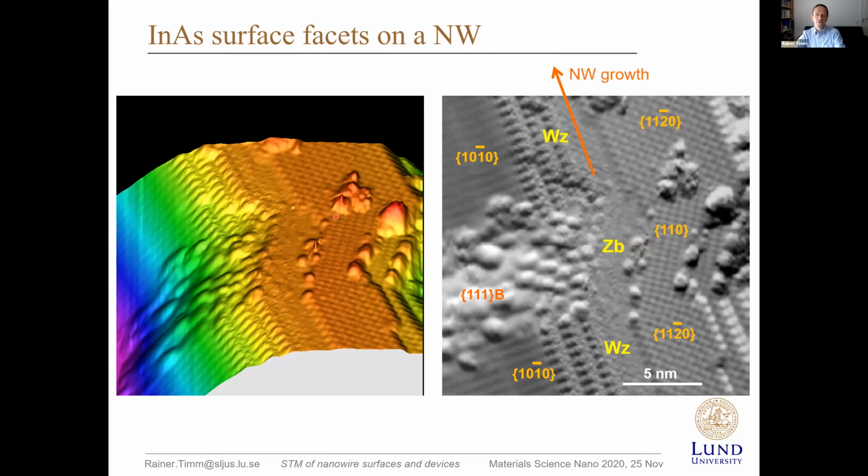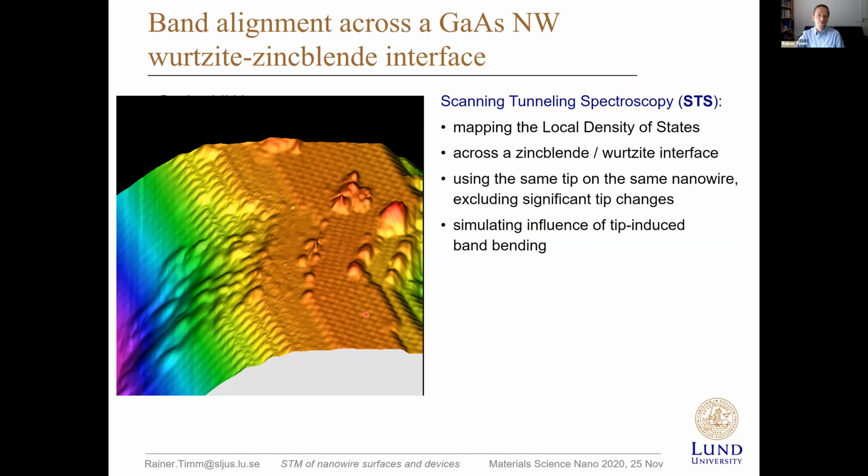And as I said before, in addition to the structure, where it's nice to see all the atoms aligned, if you want to use such a nanowire in an electronic device, you're interested in the electronic properties. So what we can also do is perform scanning tunneling spectroscopy, where we can image the local density of states.